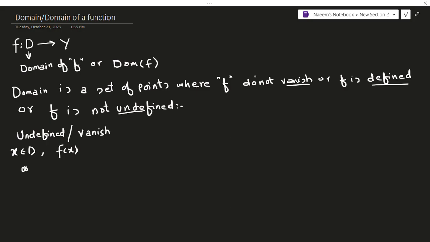For example, infinity over infinity. This is an undefined form. If we get infinity over infinity, then we say that f of x vanishes at that x. If we put in x and f of x gives the 0 over 0 form, this is also somehow undefined. I will describe how this 0 over 0 form is undefined.